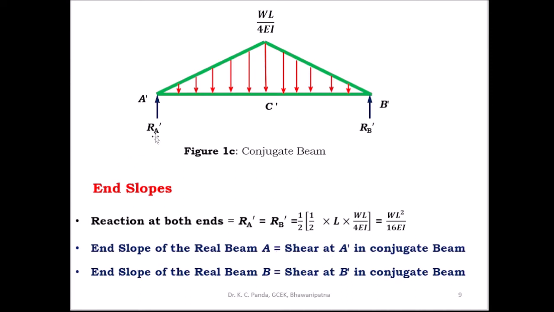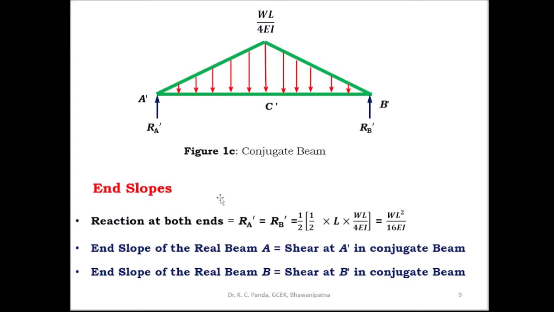Similarly, the slope in the original beam at B is equal to the shear force at B dash in the conjugate beam, at the corresponding section.